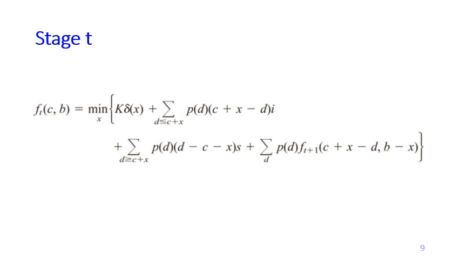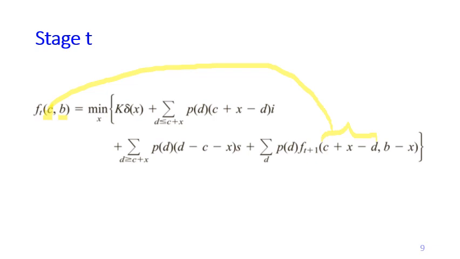So in aspect 3, we need to write down how our cash position changes from stage T to stage T plus 1, and how is our money in the bank changes from the period T to period T plus 1. So the cash that we have on hand will change from C to become C plus X minus D at the beginning of the next period.